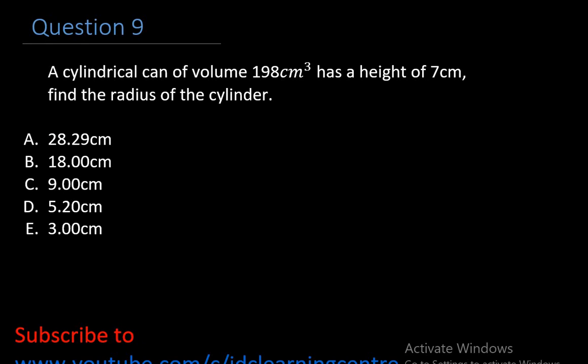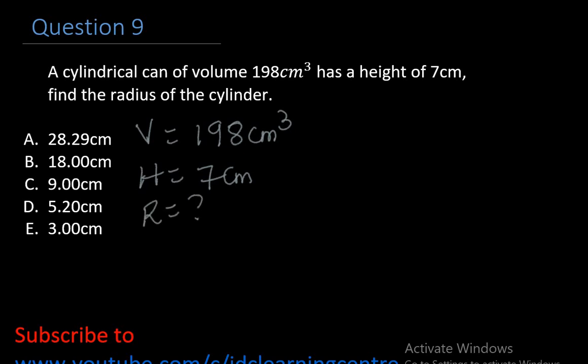Question 9. A cylindrical can. The volume of the can has been given as 198 centimeter cube. Now the height was given as 7 centimeters. They said find the radius. You know that the volume of a cylinder, I want you to remember that a cylinder is a prism.